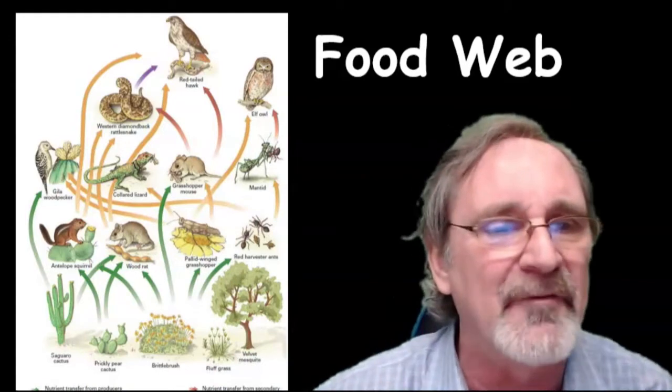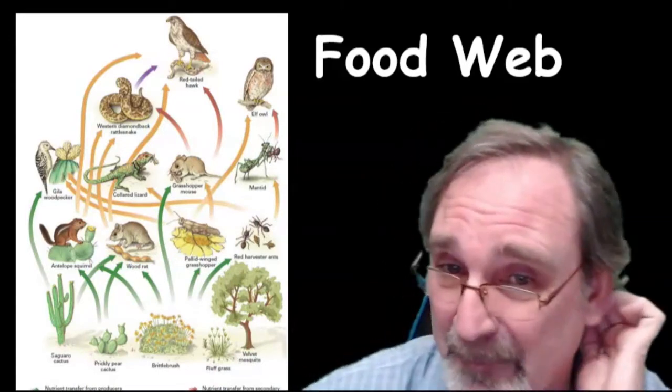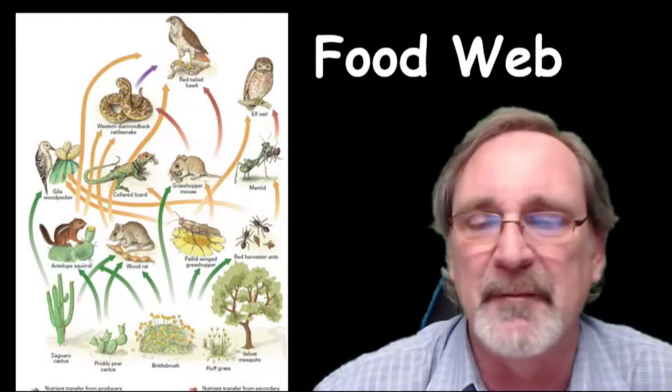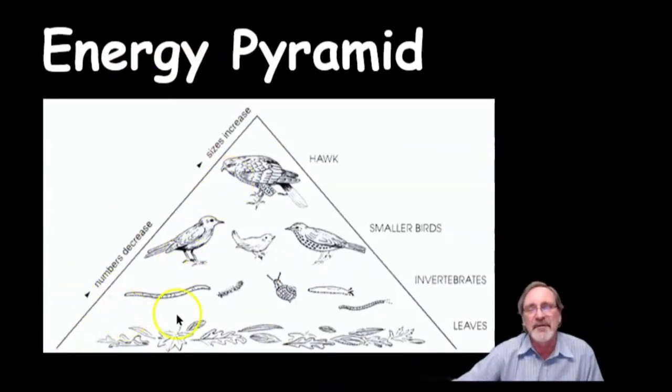And so you have what's called the energy pyramid, or it's also called the food pyramid. Now it's often called the trophic pyramid or the energy pyramid. Either word is fine. But this pyramid shape is showing that you have more stuff down here at this level than there is at this level.